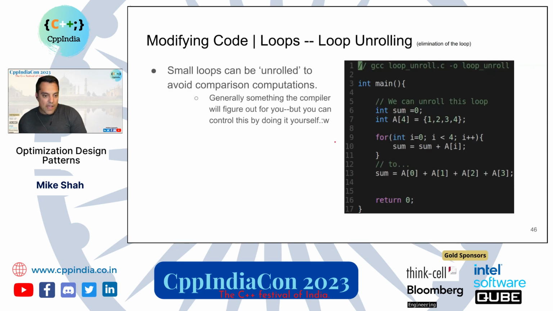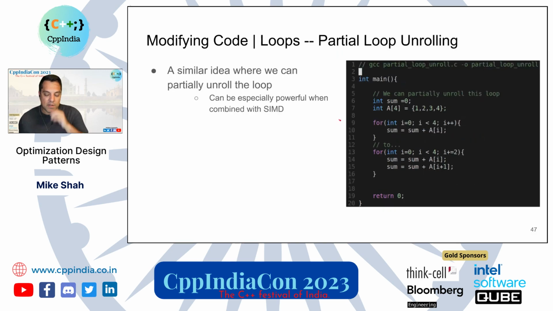So generally this is something that a compiler might be able to do for you. It's actually a very powerful optimization, but what it can translate our code into, or you could do manually, is something like this, right? We transform this loop at lines 9, 10, 11 here to something like this, 13, 14, 15, 16.